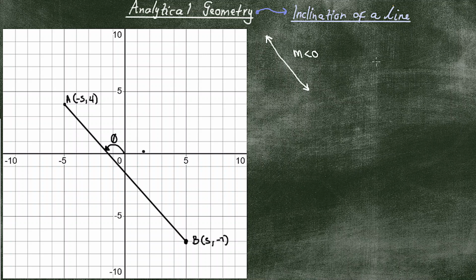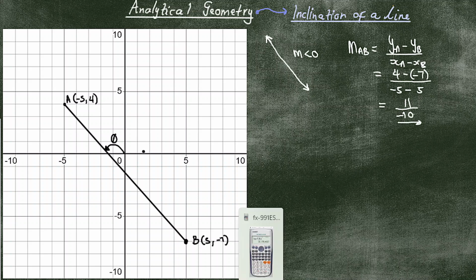Let's calculate the gradient first. So gradient AB is equal to YA minus YB over XA minus XB. So YA, that's 4, minus YB, that's negative 7, over XA, that's negative 5, minus XB, that's 5. So 4 minus negative 7, that's going to be 11, over negative 10.